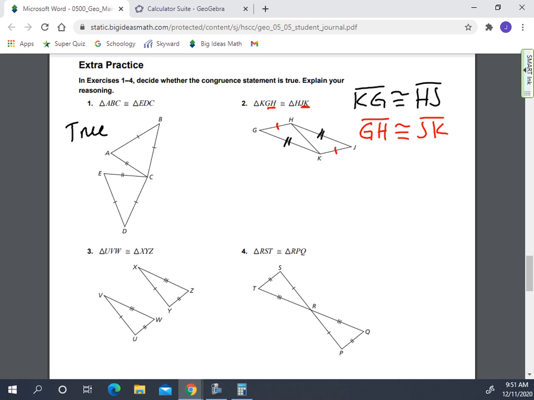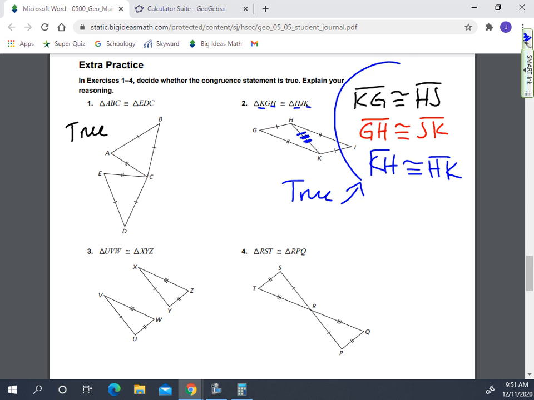And then finally, look at the first and last letters. Is KH congruent to HK? Well, yeah, it's right in the middle, right? And that side length is congruent to itself. So yes, those check out. Here's your reasoning right here. This whole thing. That is your reasoning. Those three sides are congruent to each other. So by side, side, side, they are congruent.